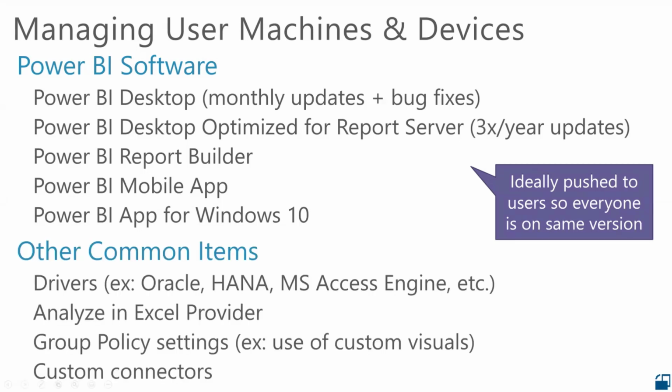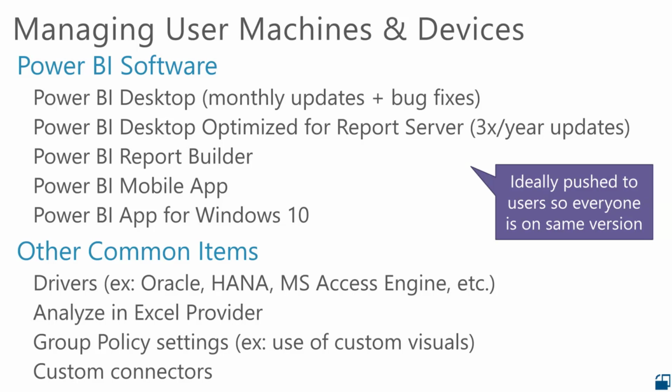And then there's other kinds of things that you might also want to be pushing onto user machines. So let's say Oracle is a very common data source for people working with Power BI Desktop. You're going to want to install drivers. Or the Microsoft Access driver, that kind of thing. There's an Analyze in Excel provider that you might want to just automatically install for everybody. There's some group policy settings.